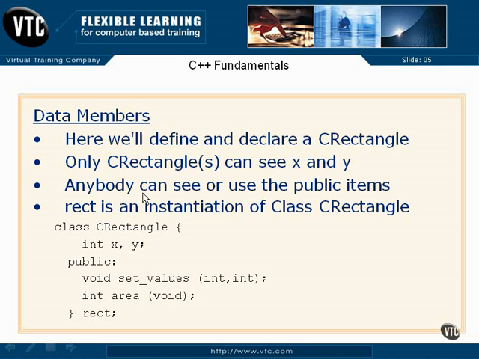Now again, anybody that can get to rect can see this set values and area method. They can use it out of this rectangle. And rect is an instantiation of a class called CRectangle. See, it's not too difficult, huh? Well, let's keep right on going and look at some more of this in our C++ Fundamentals video series.